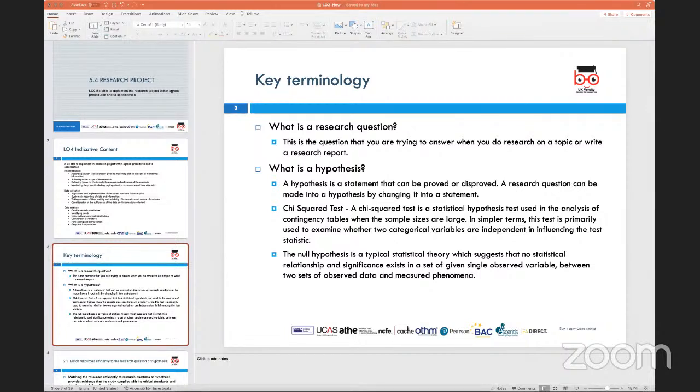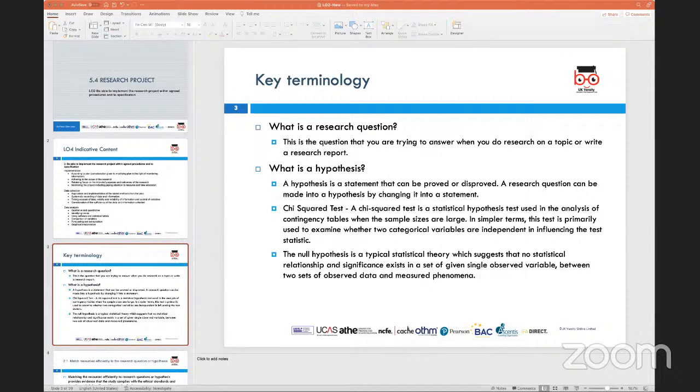Now, the chi-squared hypothesis generally tends to be used when we are analyzing, as I mentioned, large sample sizes or large data. This is primarily used as a test to check categorically two variables and whether they are influencing the outcome of the research or not.